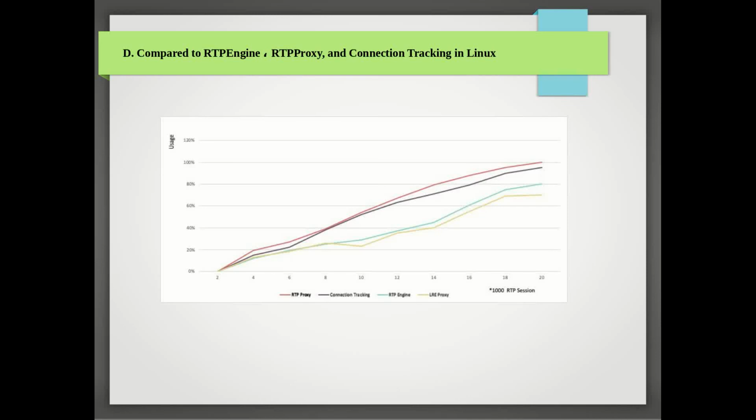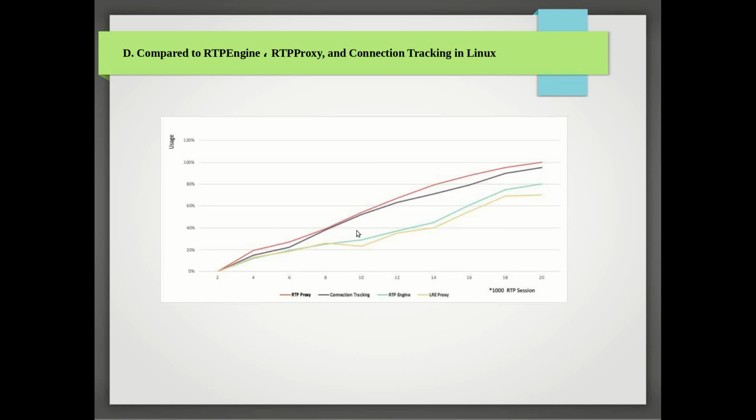Compared to other existing services for relaying sessions in IMS, such as RTPEngine, RTPProxy, and connection tracking in Linux, LREProxy has better performance with a high number of sessions because it performs the forwarding operation at the third layer of the network.